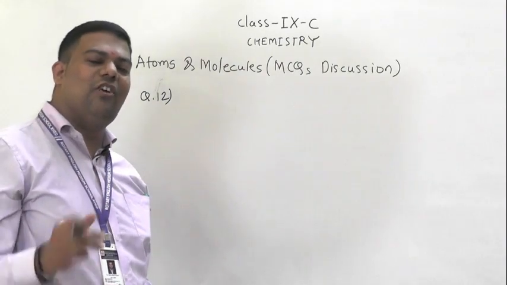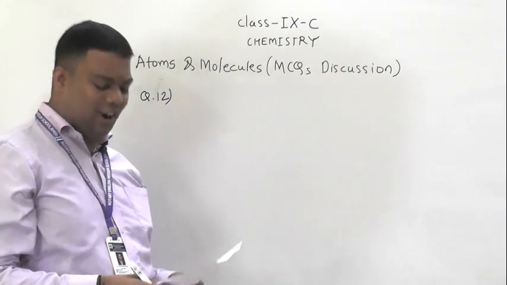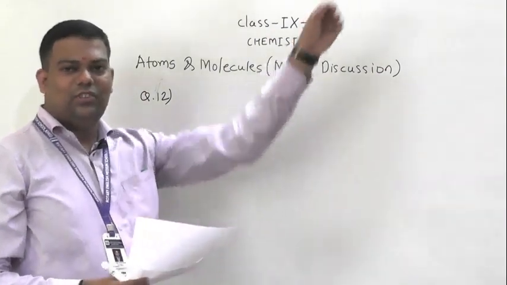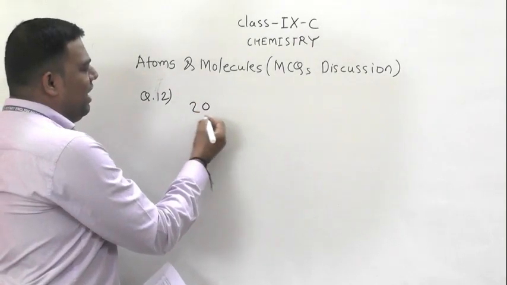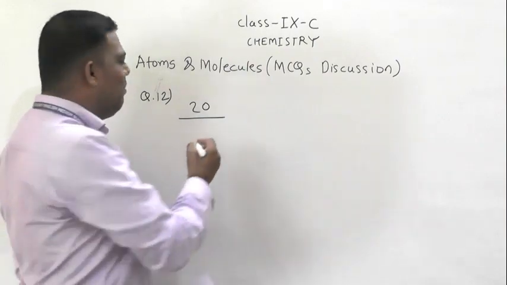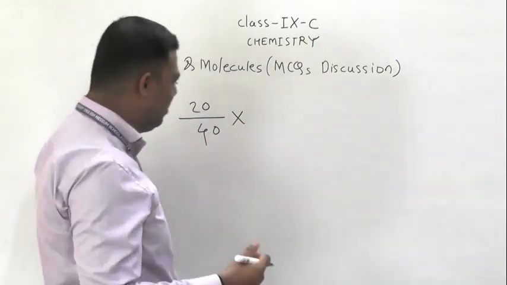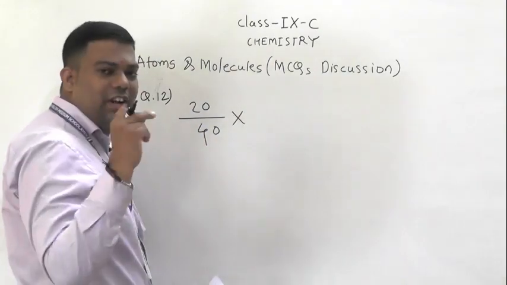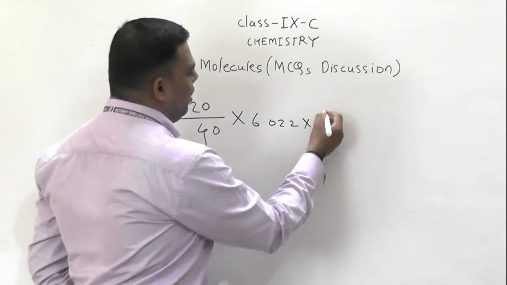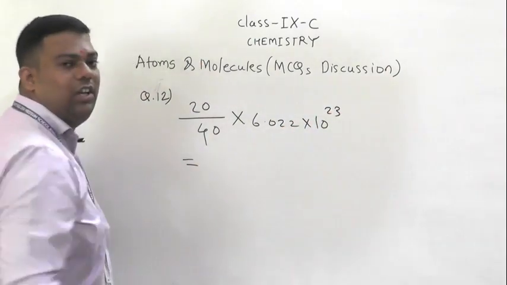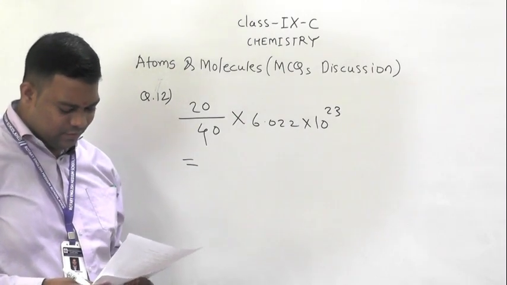First they want to calculate how many atoms, then the number of gram atoms. 20 gram of calcium divided by its atomic mass, 20 by 40. First we calculate how many atoms: 20 by 40 into Avogadro number, 6.022 into 10 raised to 23. Then you will get an answer of about 1.5 something.